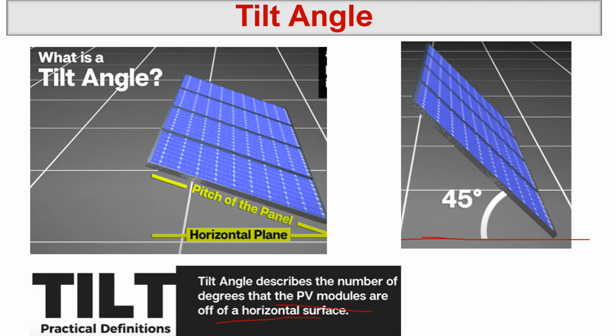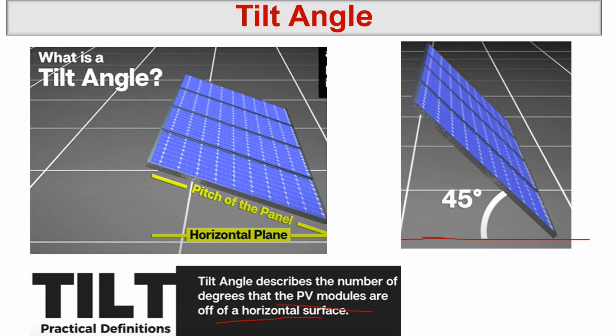As I said, tilt angle is very famous among solar installers. They know how much the tilt angle is, whether it's 15 degrees or 16 degrees, and what tilt angle is more suitable for a particular house, because the tilt angle changes from place to place.